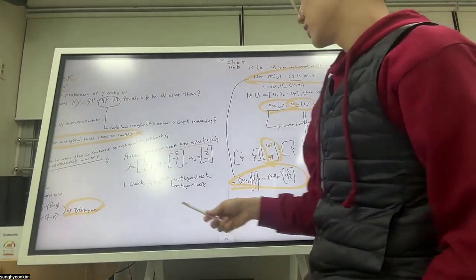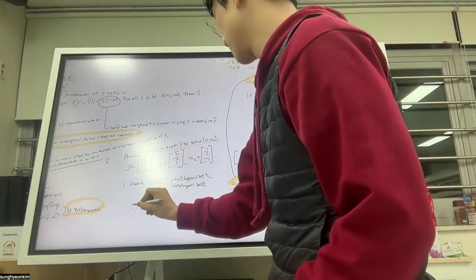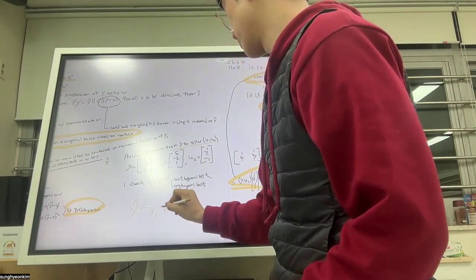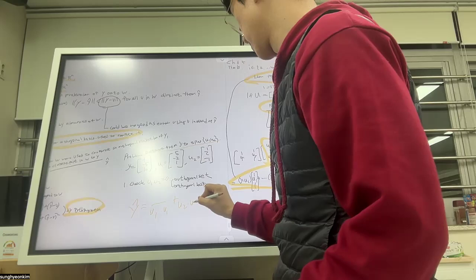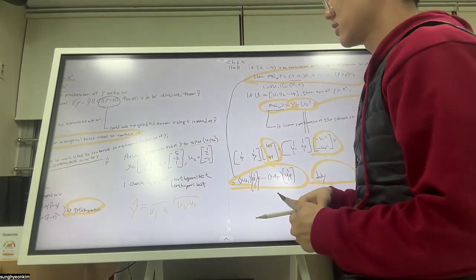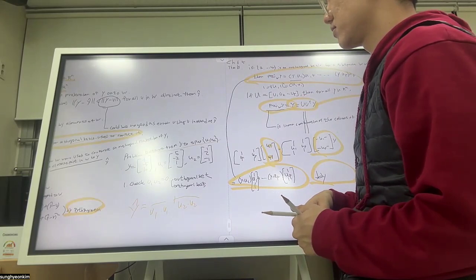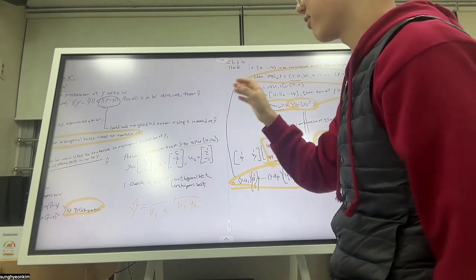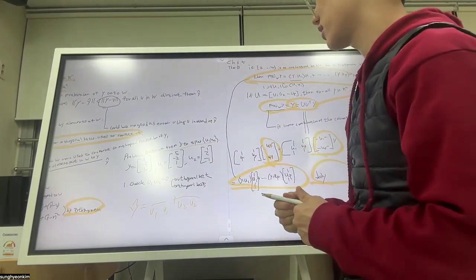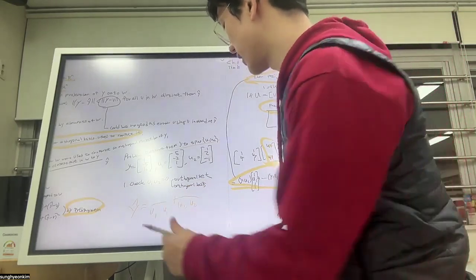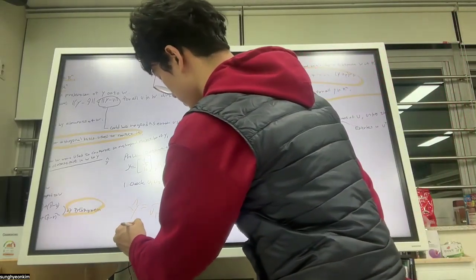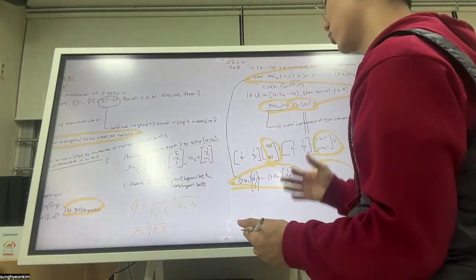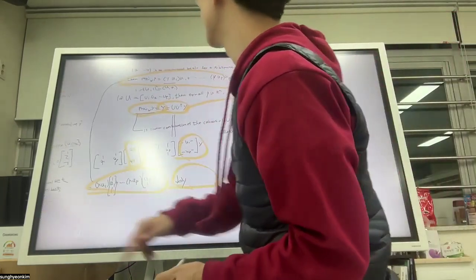You can find y hat, which will be from y projected onto each. Then after that, you can use y equals y hat plus z, and subtract y hat. So you can simplify it.